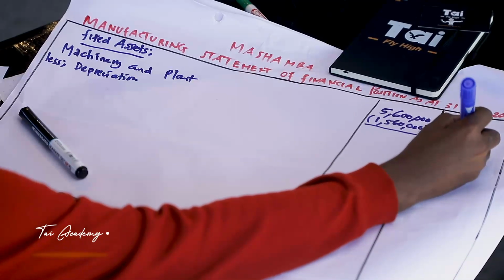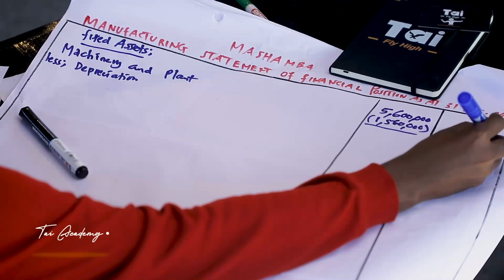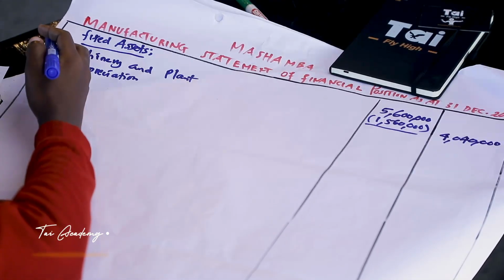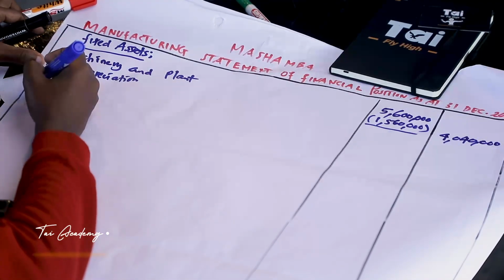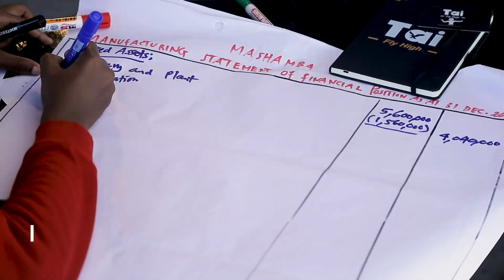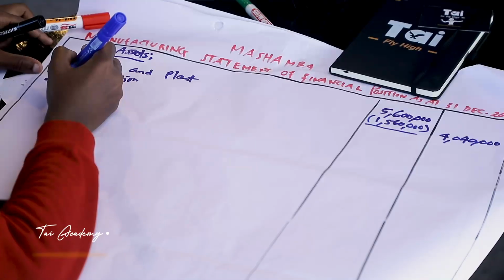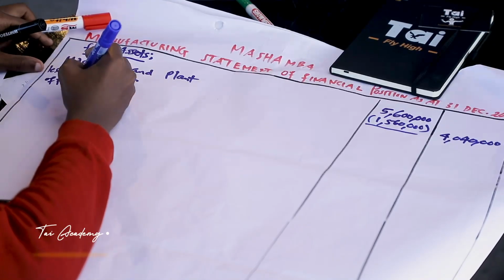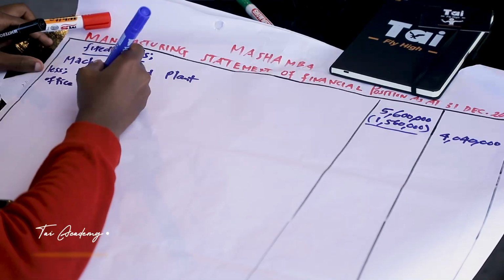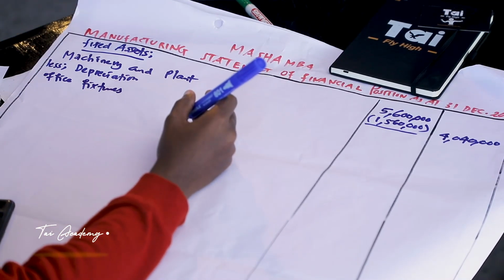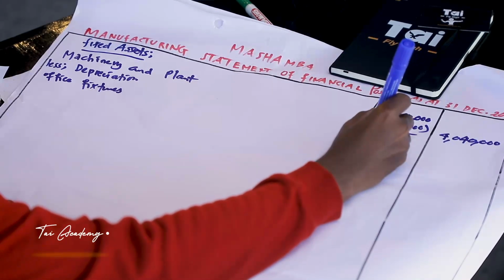Kana 40 yani ya kwanza, afu ingine hapo tuna office fixtures, ambao yenyewe ilikuwa na cost ya 400,000.